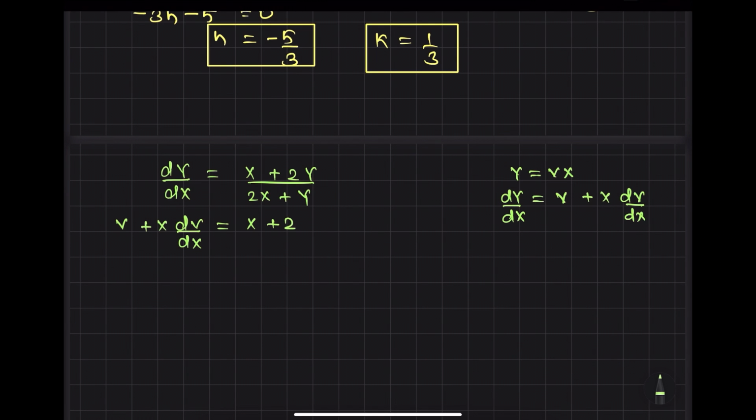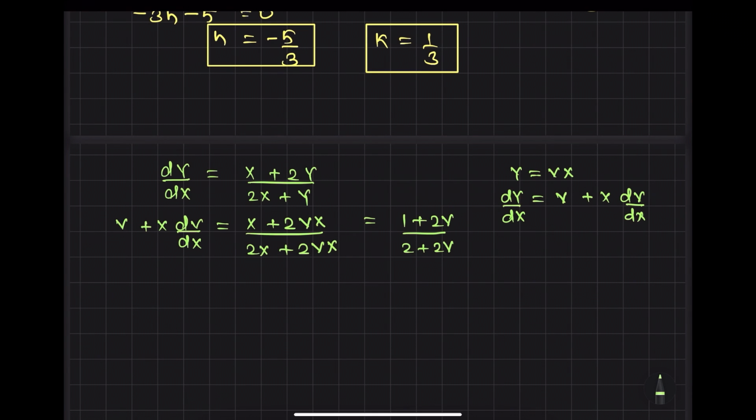So plus 2 vx by 2x plus 2 vx. So we can take x common and then that will be neutralized. So we will have 1 plus 2v upon 2 plus 2v.